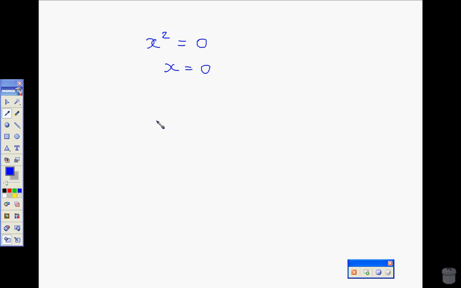Where we might get no solutions, if we consider that x squared is equal to minus 9. Remember when we're squaring something, we're multiplying it by itself. And when we multiply two negative numbers, they multiply to give us a positive number every time. So if we're taking the square root here, we're really taking the positive and negative square root of minus 9.